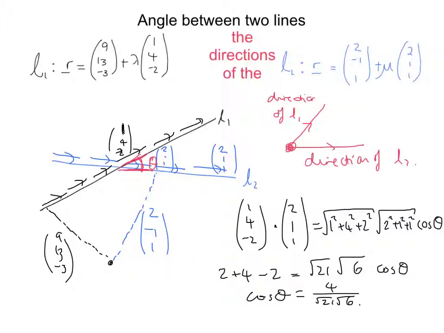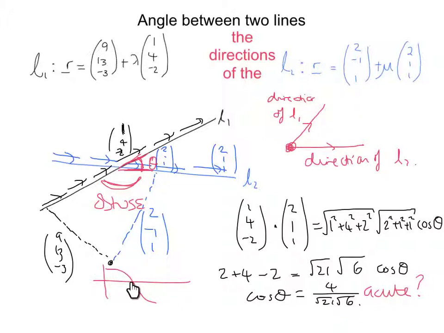Now, because I just drew this picture randomly, how do we know that we've found the acute angle? Is this the acute angle? Well, obviously I could do shift cos and find out. But I might have found the obtuse angle between the two lines. And the way to find out which one you've got is to just think about a cosine graph. Acute angles between two vectors represent this part of the graph here, between 0 and 90.